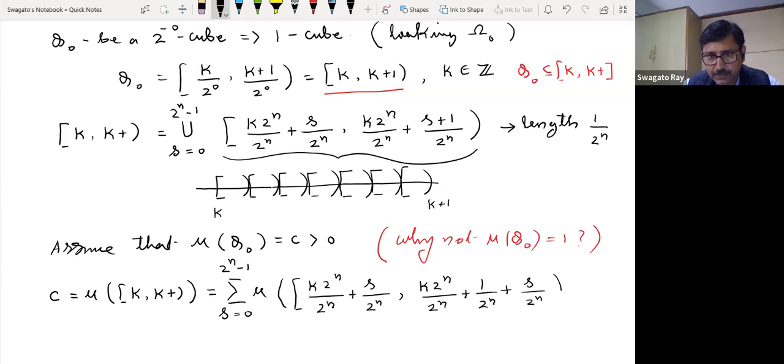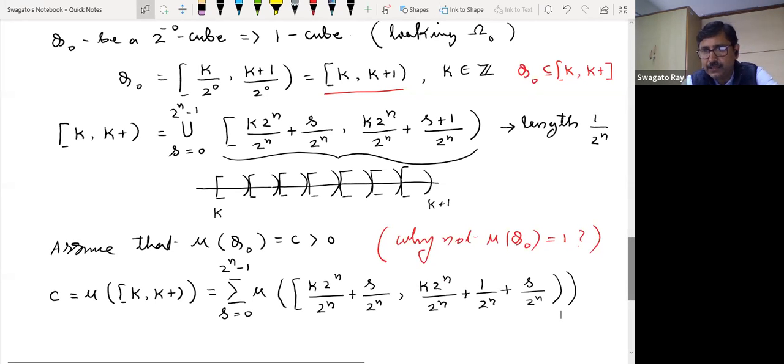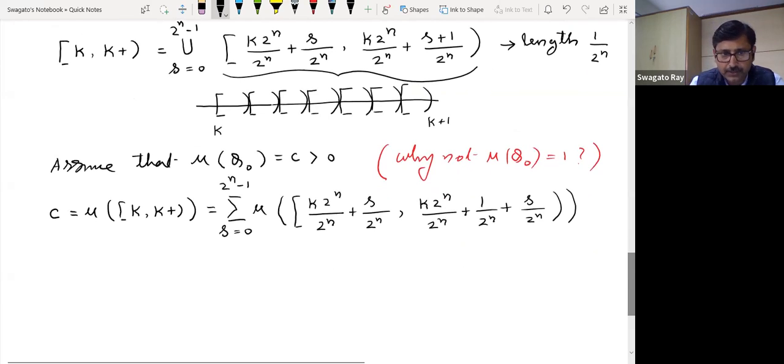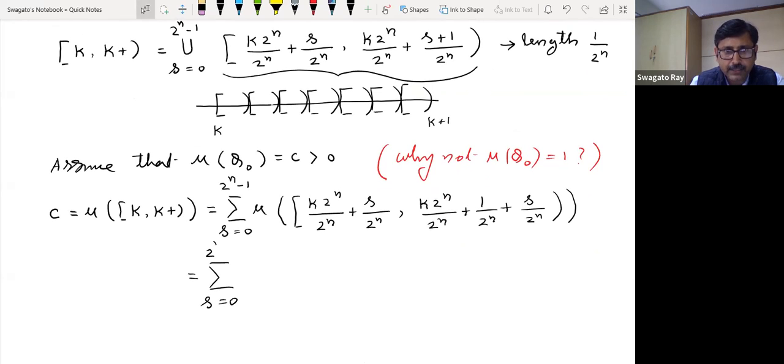I write it in this fashion. Okay. The next line I write in a slightly better way. You will see what I am driving at. This is S from 0 to 2 to the power n minus 1.